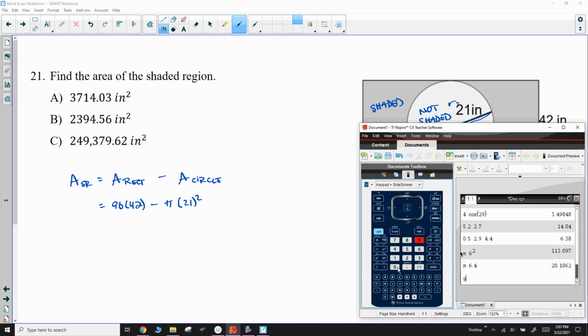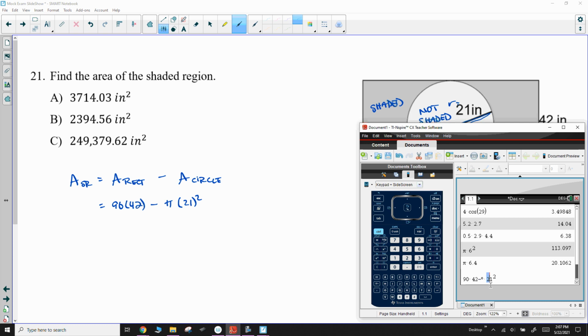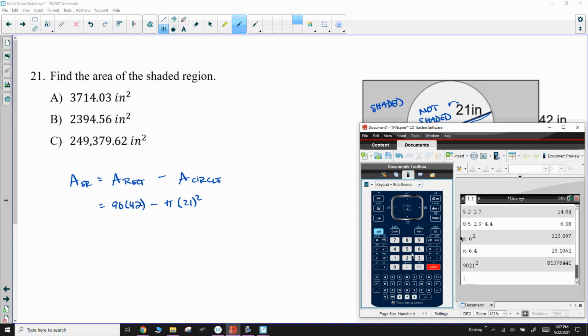So 90 times 42 minus pi times 21 squared. Did I type? Oh, I did not type it in. Look at this weird thing that I have here. Oh, what have I done? I'm going to hit enter and start fresh.